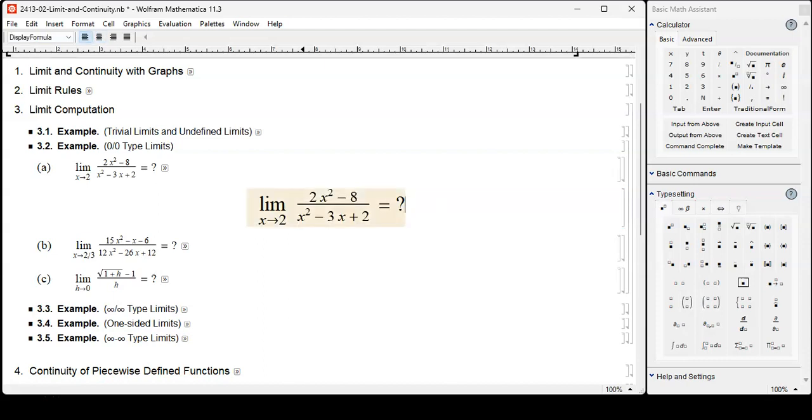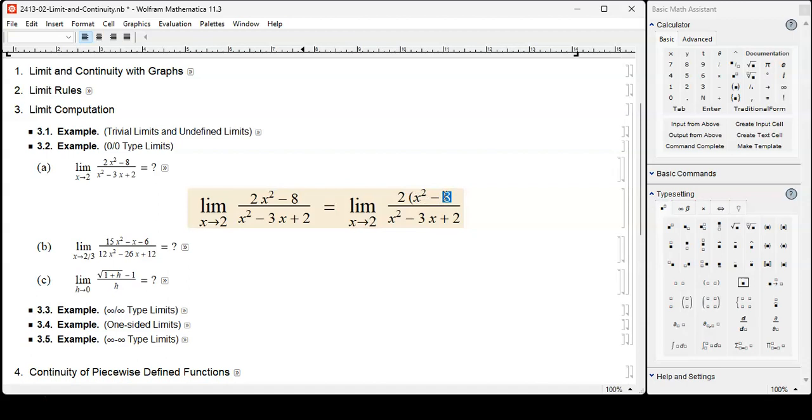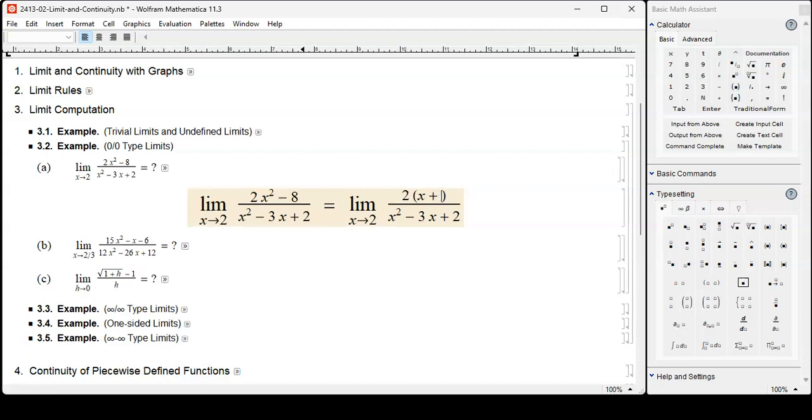First, let's factor this. Factor the numerator, factor 2 out, and I have x squared minus 4. And then x squared minus 4 is actually x squared minus 2 squared, so you can factor it as x plus 2, x minus 2.